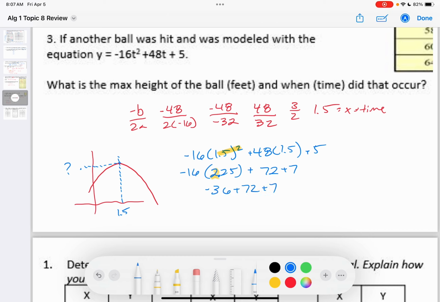Negative 36 plus 72 plus 7 is 43. So that's our y value, that's our feet. Our coordinate would be 1.5, 43, 1.5 seconds, 43 feet. This value here now is no longer a question, it's 43.